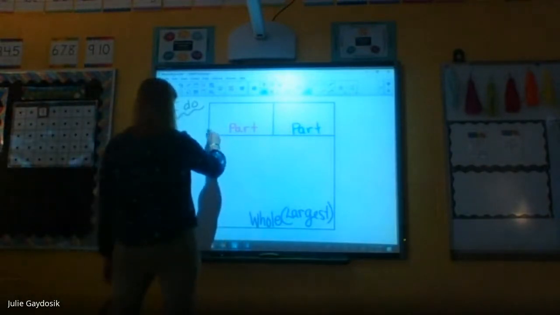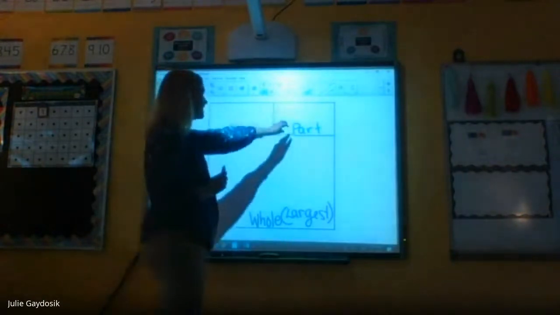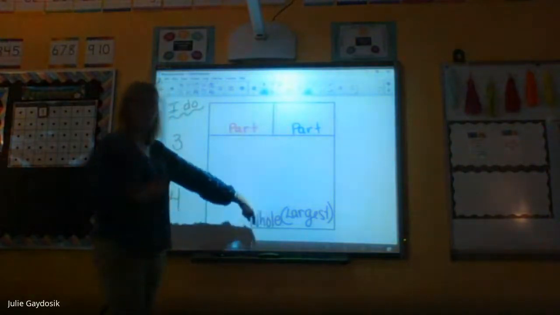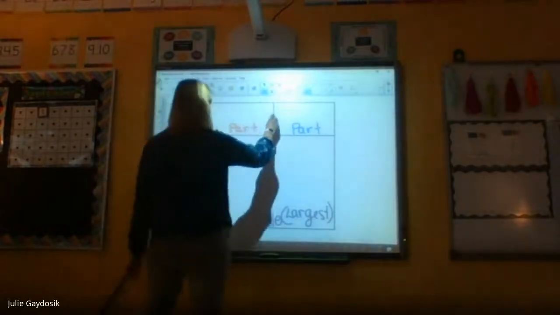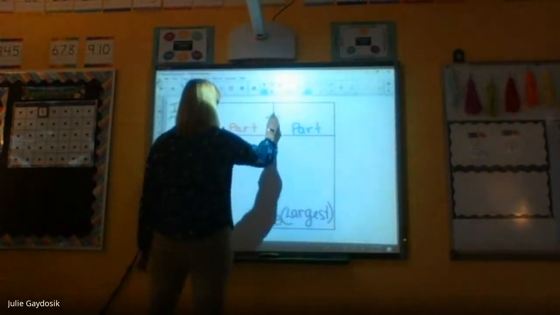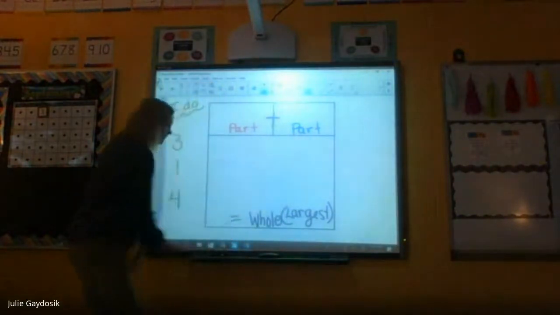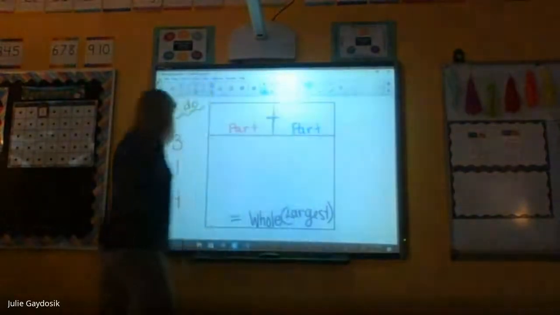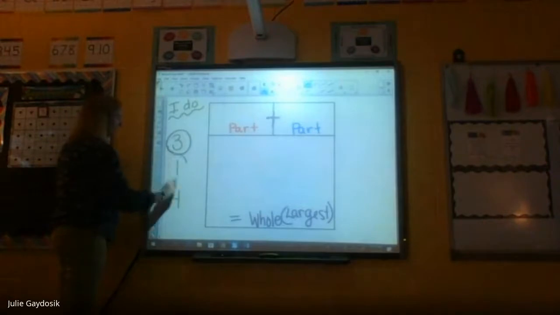These 2 are the smallest numbers, they're 2 pieces, so 2 parts. They're going to equal this whole. So when you add this part and this part, it'll equal this whole, okay?